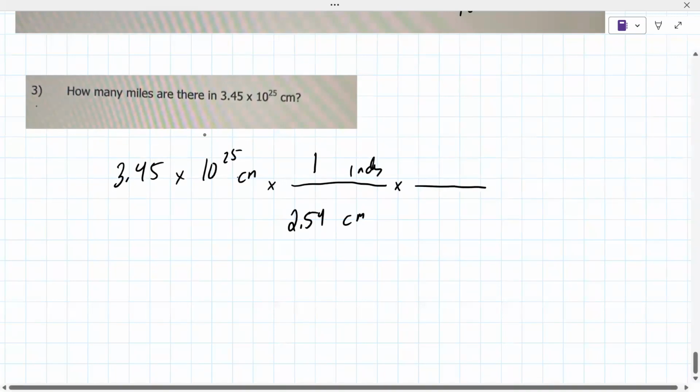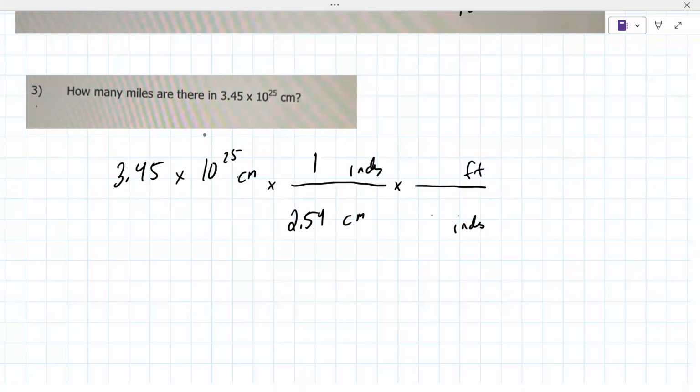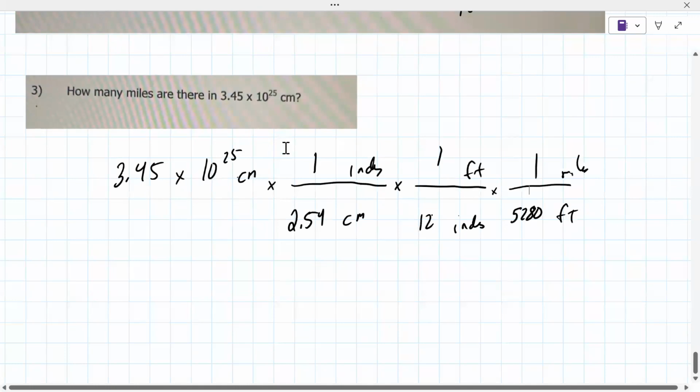So that's 1 inch. There are 2.54 centimeters in an inch. Now go to feet, 12 inches in 1 foot, and then feet go to miles, 5,280 feet in 1 mile. On the top here, you're multiplying by 1 each time, which doesn't change anything, but on the bottom here, you're dividing.